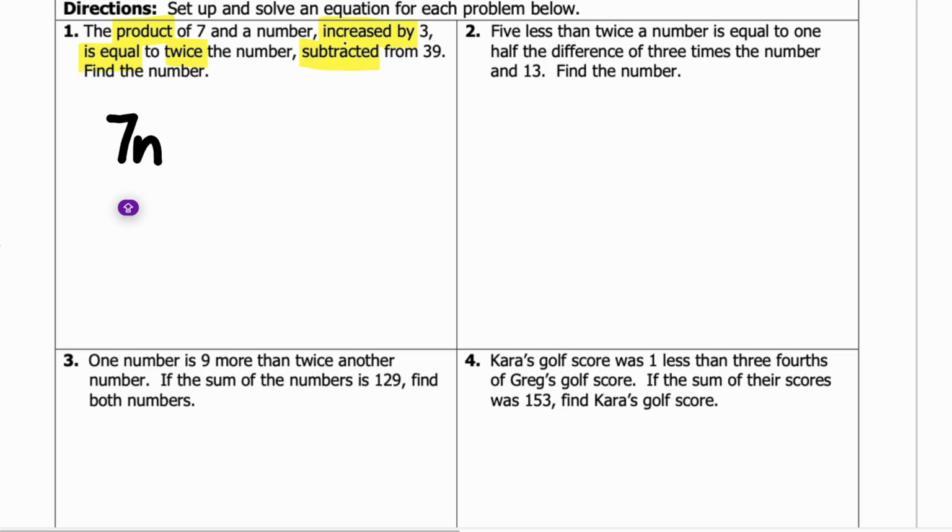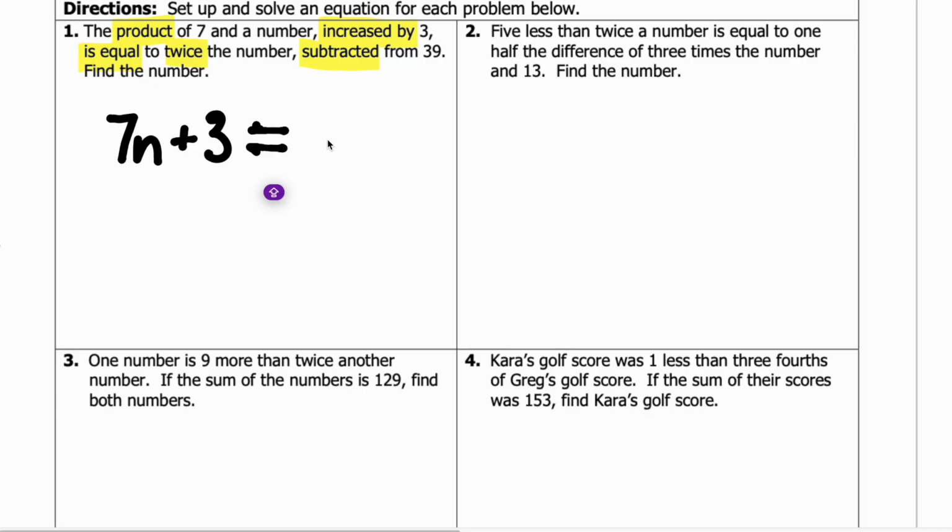Multiplication or addition. In this case, since it doesn't say twice or thrice, it just says increased by three, then we know that we are just adding. Okay. So we see that seven times the number plus three is equal, and that's a key word, right?